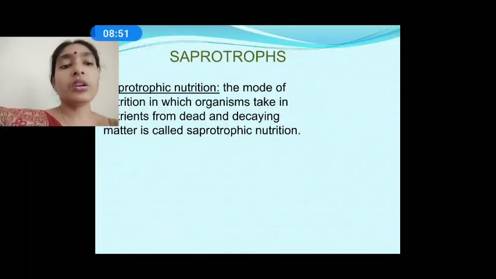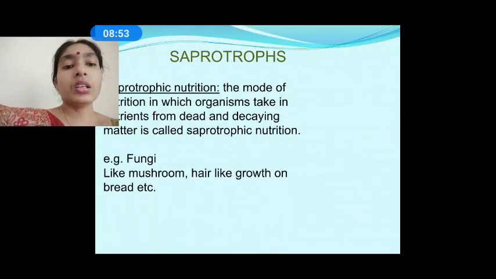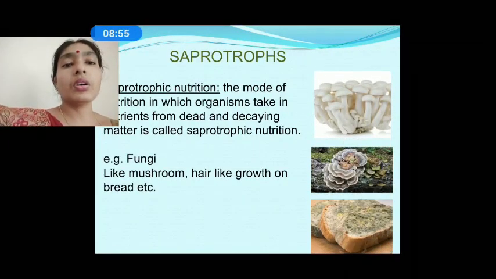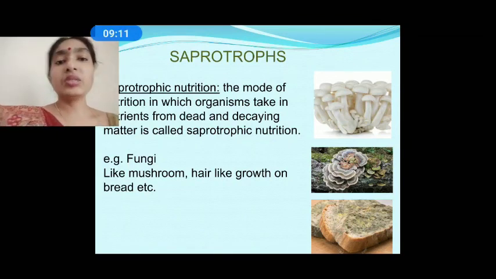So we can observe mushrooms, then some growth on dead wood, umbrella-like growth, which are also fungi. Then we can see hair-like growth on bread. If we keep bread for a few days, we can see it getting spoiled with the help of this fungi.